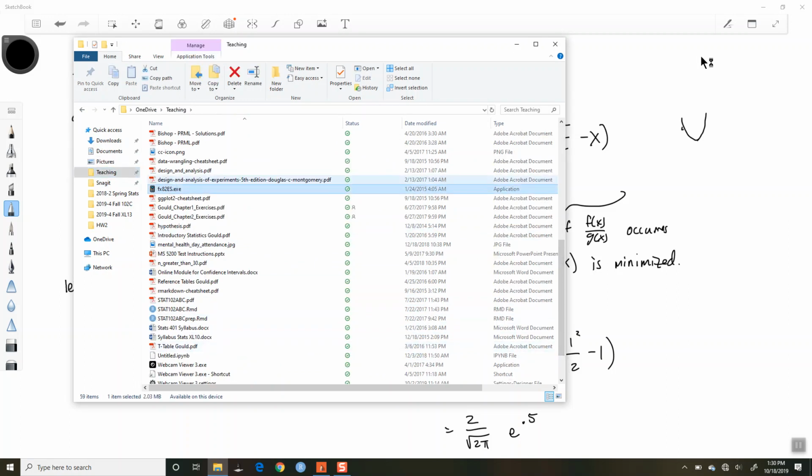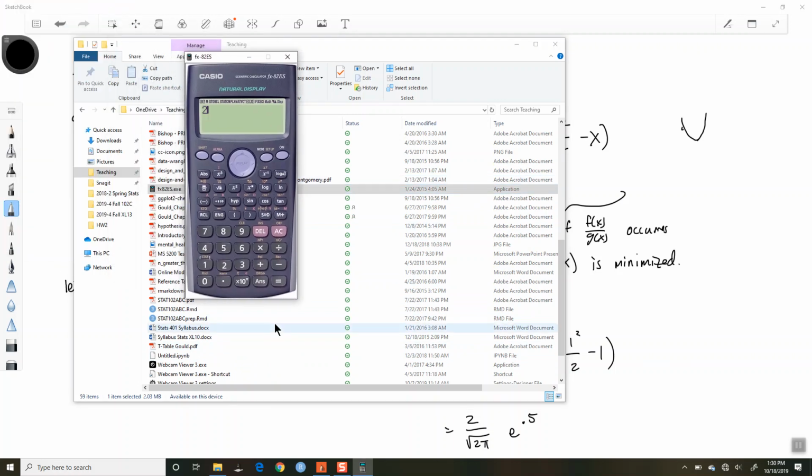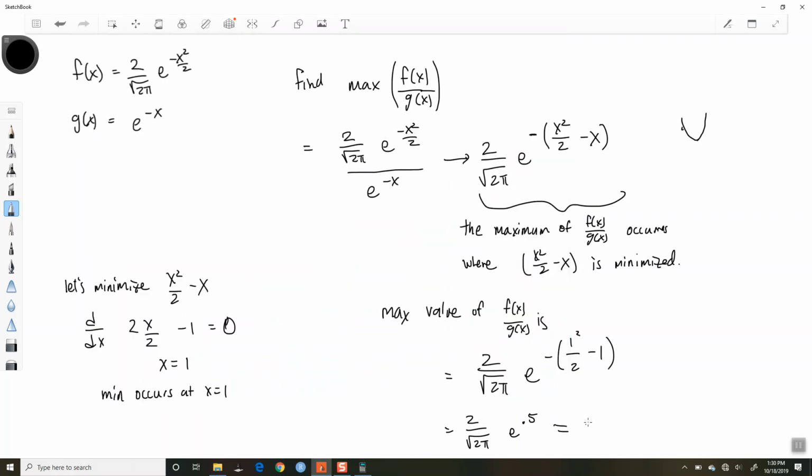Okay, so I punch this out and I get, okay, so 2 divided by the square root of 2 pi times e to the 0.5. Enter. Okay, so I get 1.3155. Okay, so that is going to be my m.